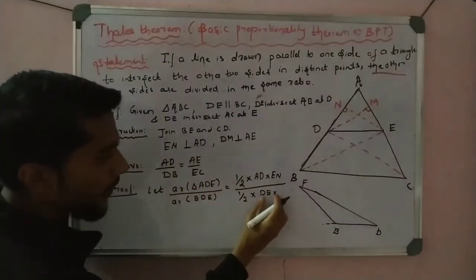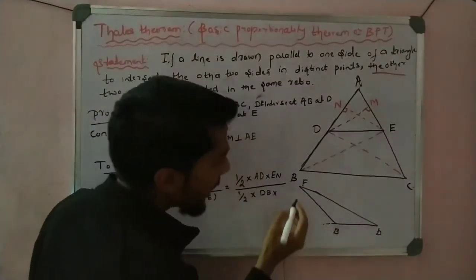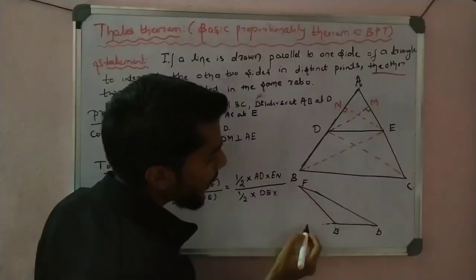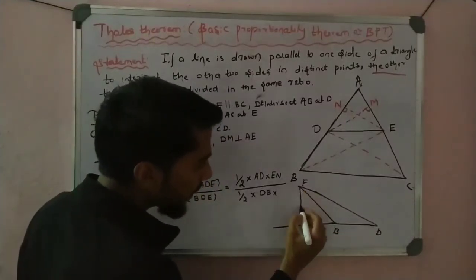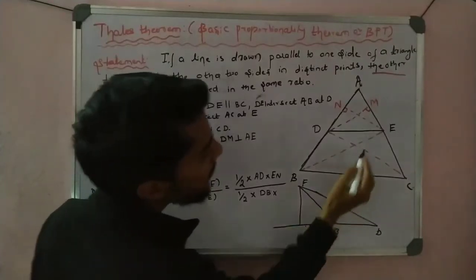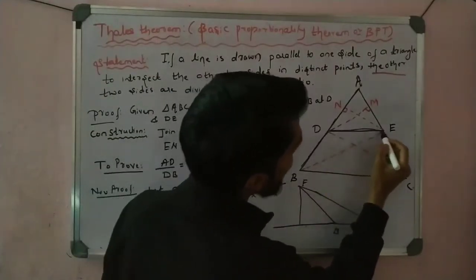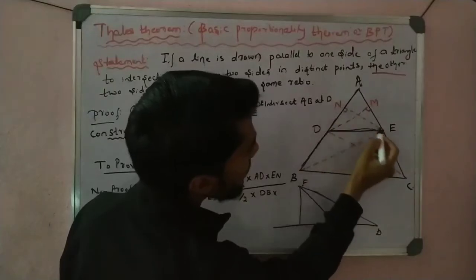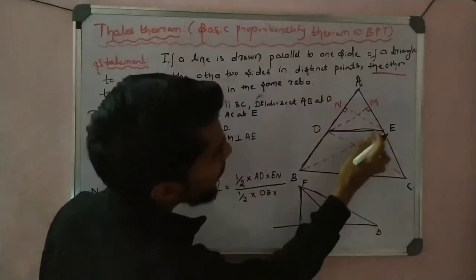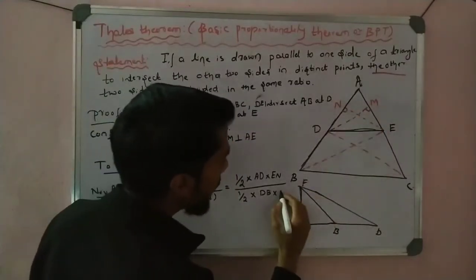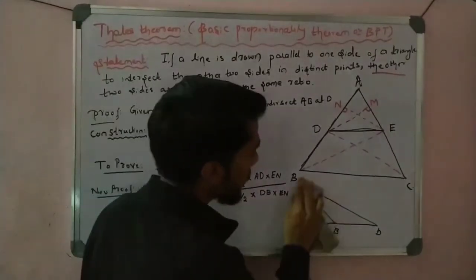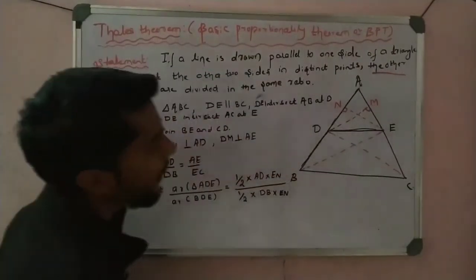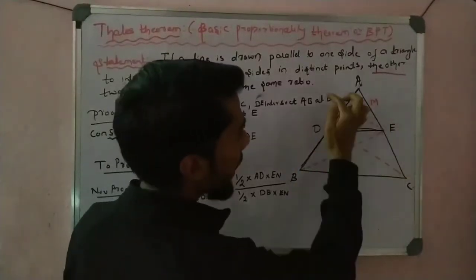I write here BD, DB is the base. Now, what is the height? Height is nothing but the distance between the top point and the base. If I extend the base, this is the height. For this triangle, this acts like a height. EN is repeated. You understand? So for this triangle, this acts like a height, right?